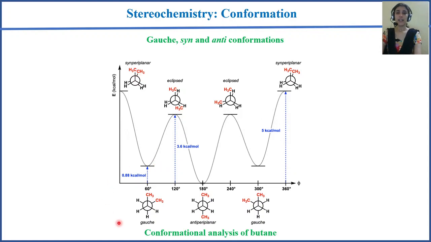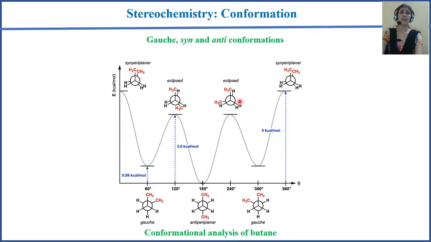Now after a 60-degree rotation we are getting this one, and here two methyl groups are separated by a 60-degree dihedral angle. If we rotate again by 60 degrees, we will get this one, and after rotating another 60 degrees, we will get two methyl groups at 180-degree separation.